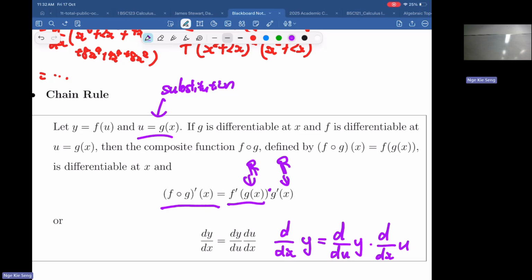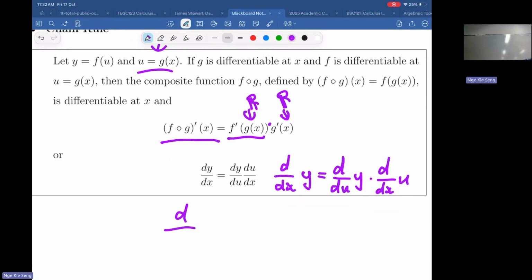That operation is illegal, but this is the reason. You can use it as a way to remember the chain rule. So dy over dx equals dy over du times du over dx. So where's the u here actually? Maybe I should write it more generally.